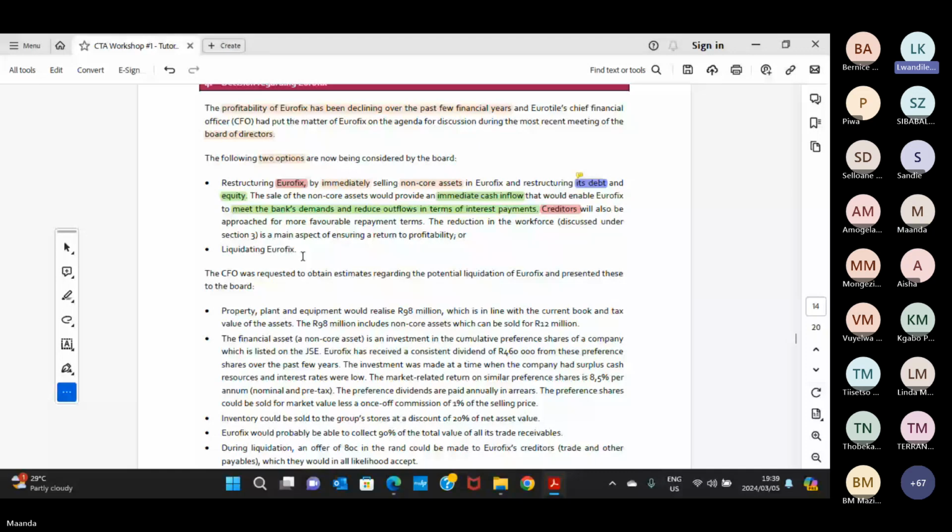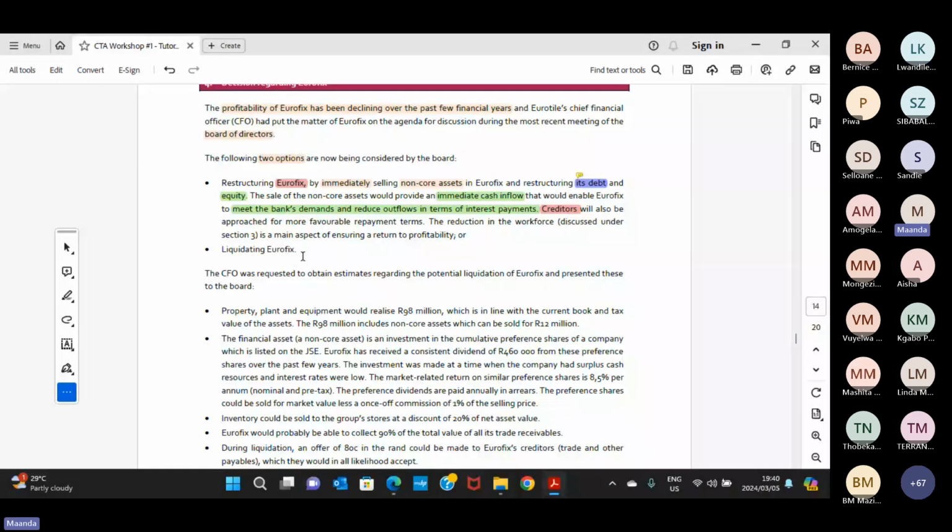For banks to give you low interest rates, you must offer them something. So on top of this, in terms of restructuring their debt, can't they offer some of the valuable non-core assets to their lenders so that they can negotiate a lesser interest rate or favorable payment? So using the non-core assets as collateral.